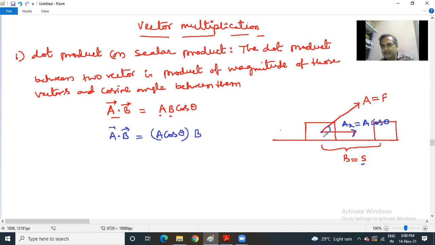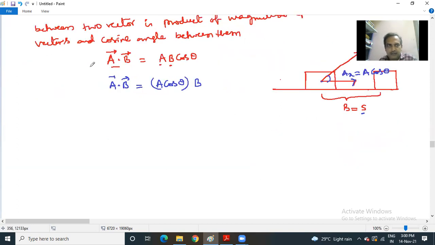So you can take another example. Suppose there is an inclined plane, and a body on the inclined plane moves down. Displacement will be this.